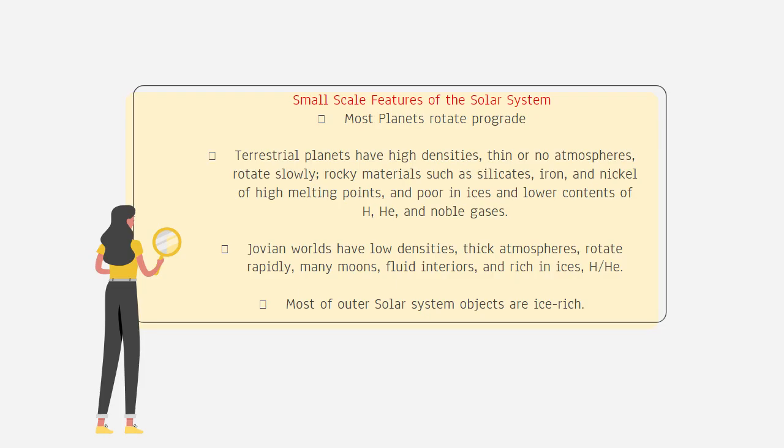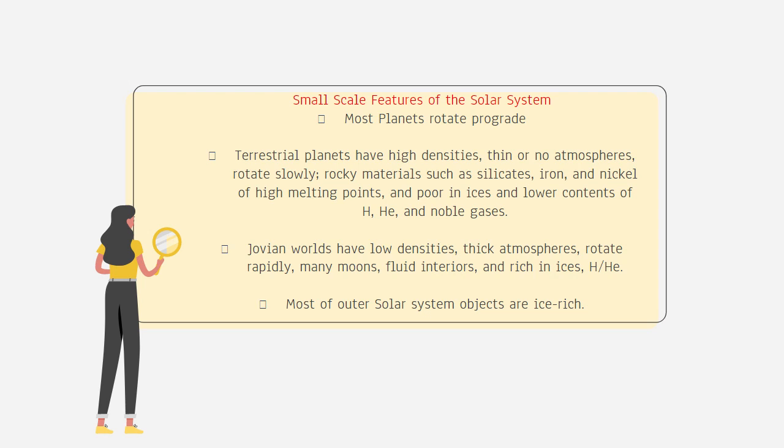While for the small-scale features of the solar system, most planets rotate prograde also. The terrestrial planets have high density, thin or no atmosphere, rotate slowly, are made of rocky materials, and have a lower content of hydrogen, helium, and noble gases.